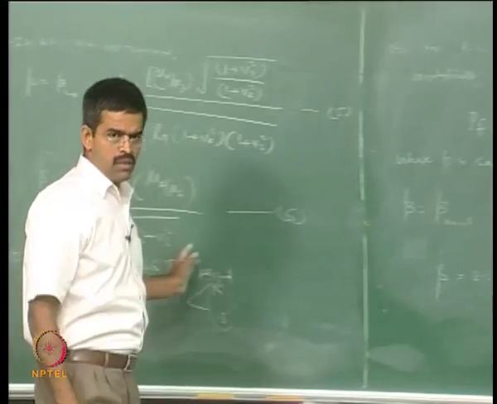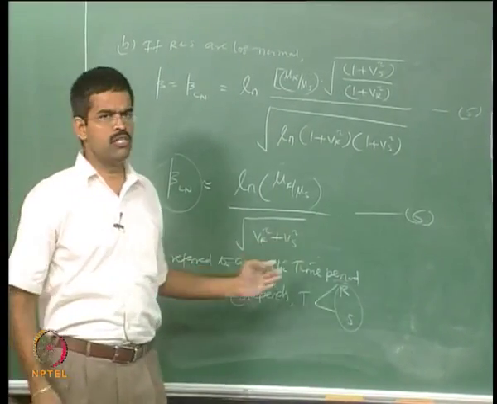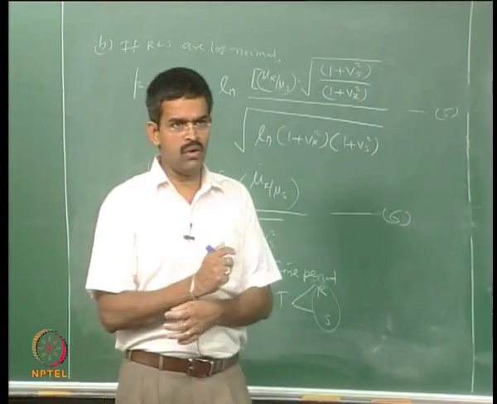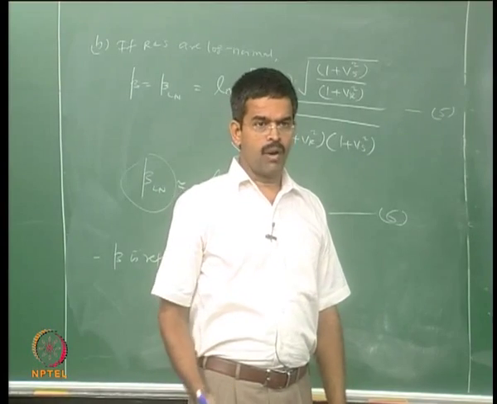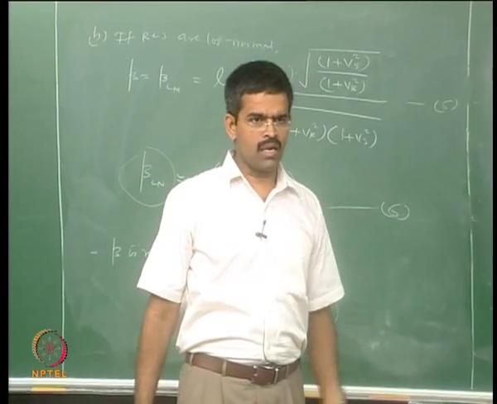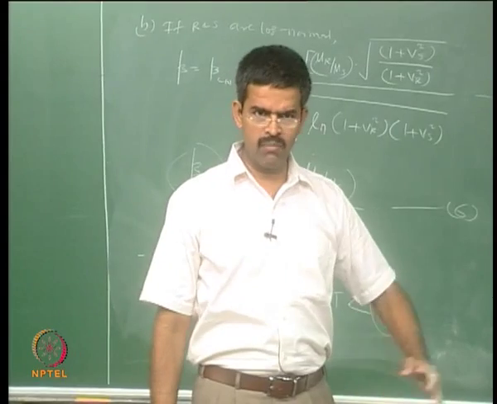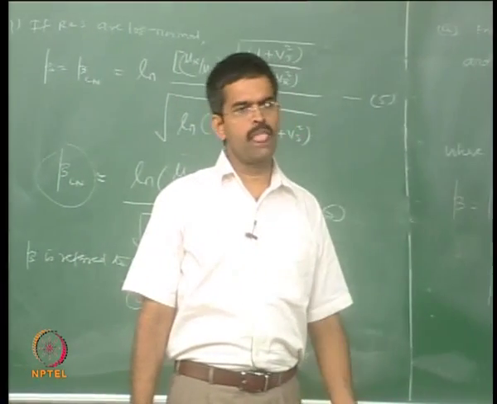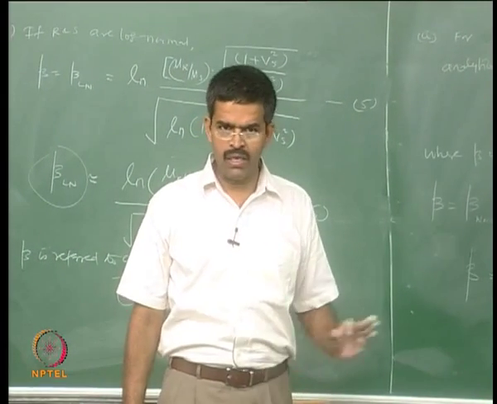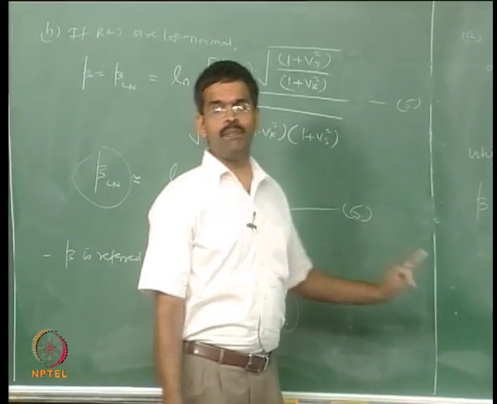If they are log normal, then I have an equation here. So, from these two sets of equations I can easily find out my probability of failure. Once I know that, I can always find the converse of this, which is 1 minus probability of failure, which will give me my reliability. Is that clear? So, this is as simple as that.